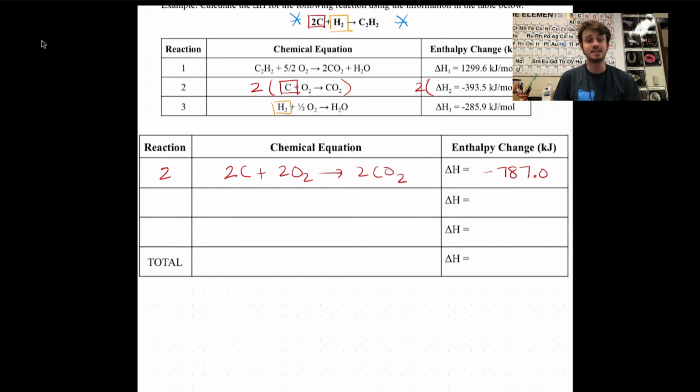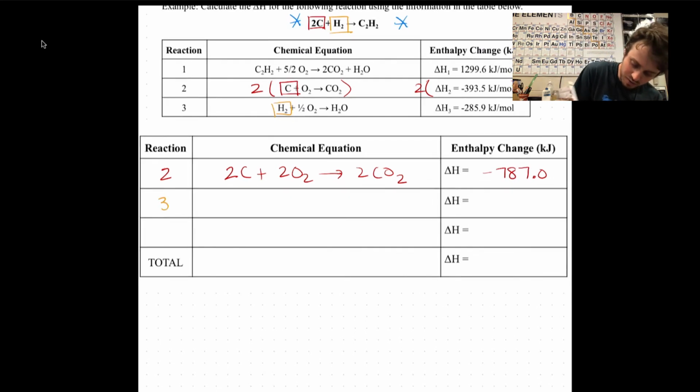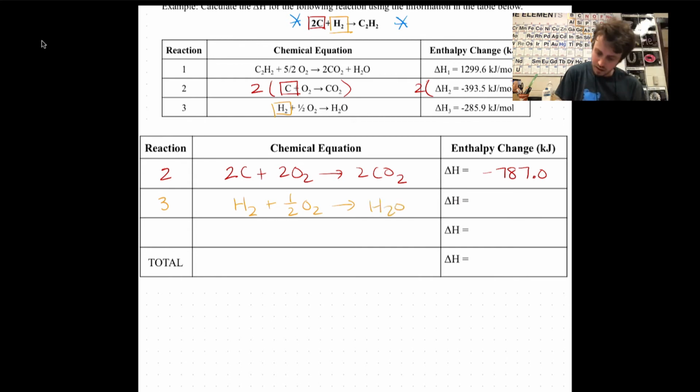Second question I ask myself is, does it have the correct coefficient? And it does. So I actually don't have to do anything to reaction 3. I can write that out as is, which means that its delta H would also remain as is.